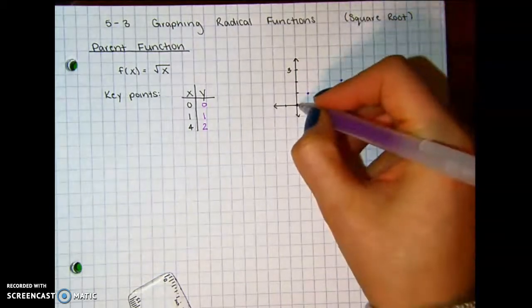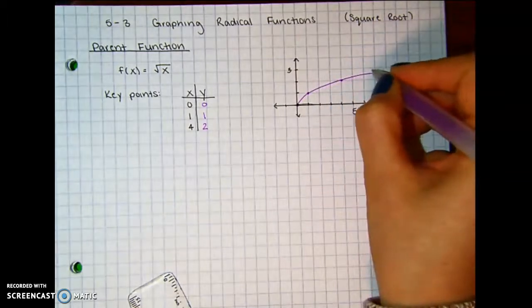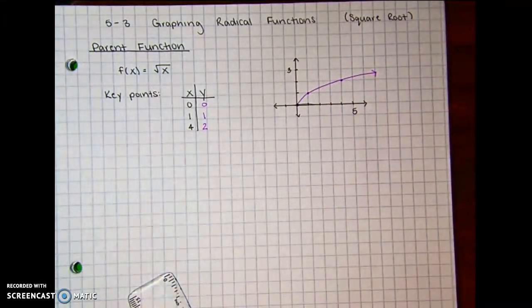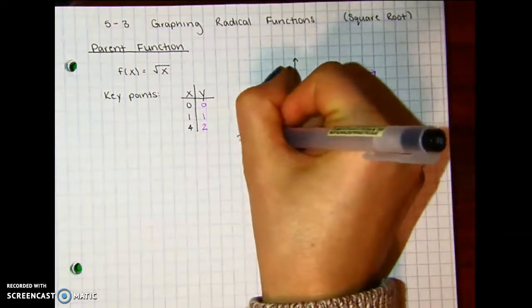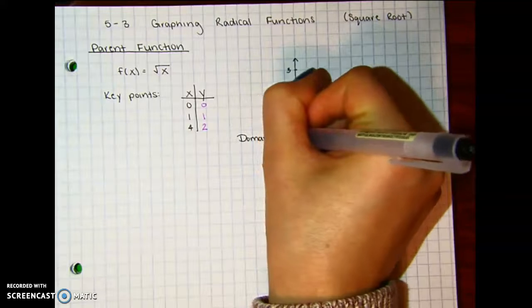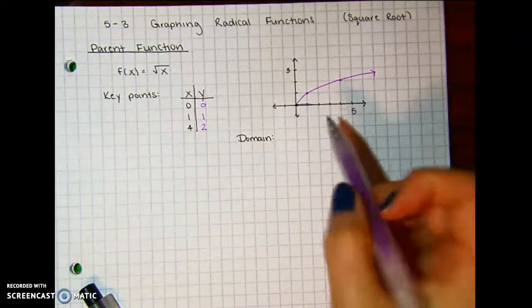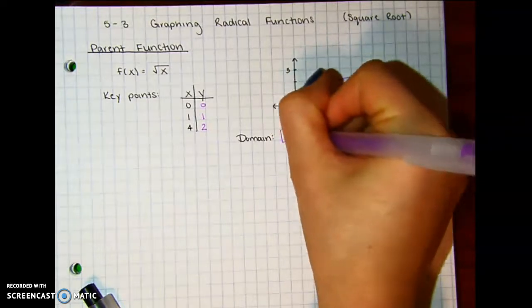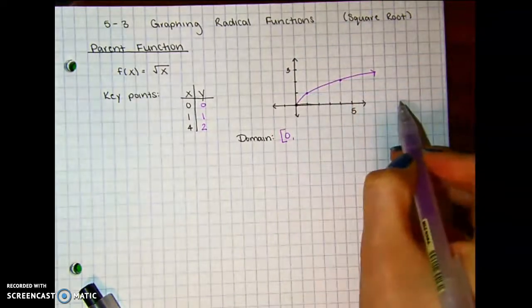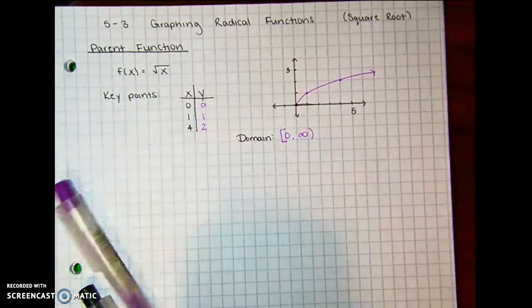So it's going to stop here because it can never be negative, and then it will curve and keep going. So we need an arrow that direction. The domain for this, we'll be using interval notation. The lowest x value, all the way to the left, is 0, and it includes 0, so it's a hard bracket, and then it's going to go on infinitely, so soft bracket.